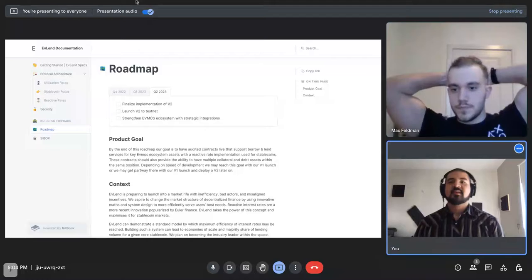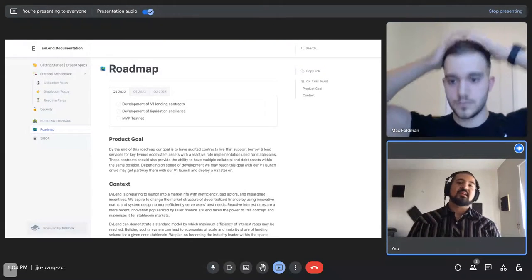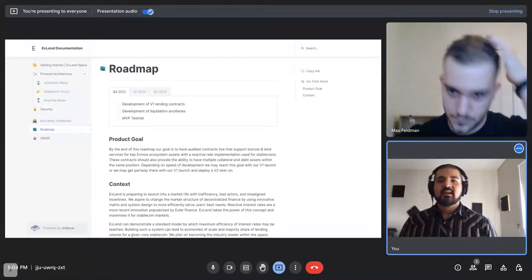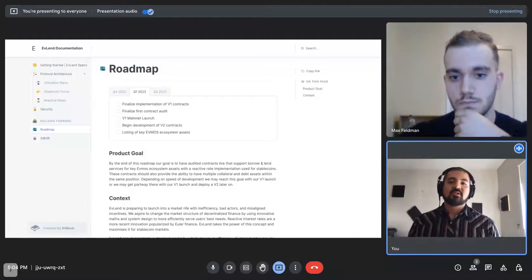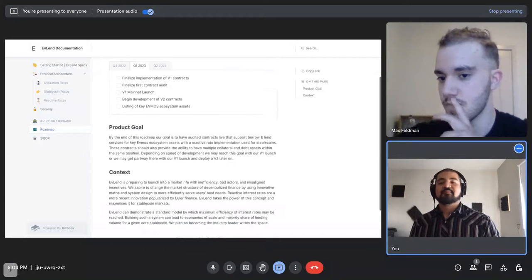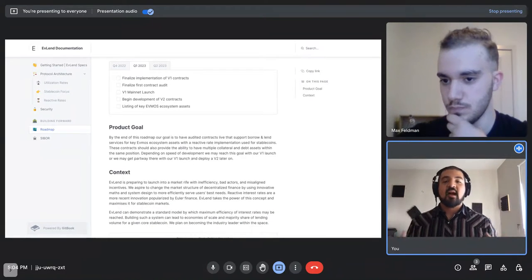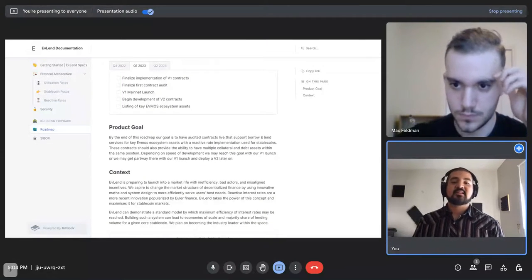Yeah, absolutely. So our roadmap starts in Q4 of this year. We're already starting off Q4, just started, I think, middle of last month, right? So kind of big deadline here is our V1 mainnet launch for Q1 2023. So the product goal, by the end of the roadmap, is that we'll have these audited contracts live supporting borrowing and lending for the key Evmos ecosystem assets.